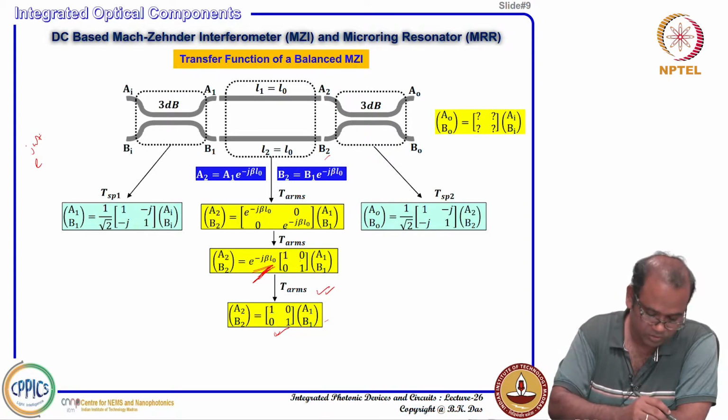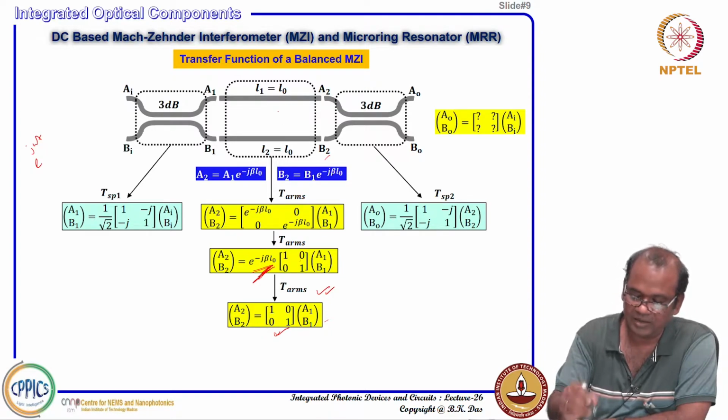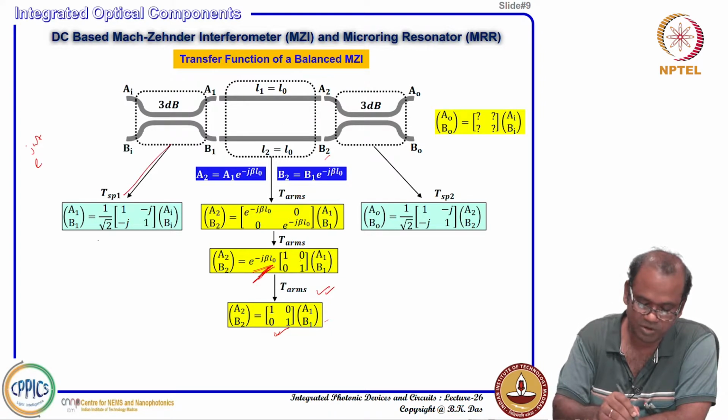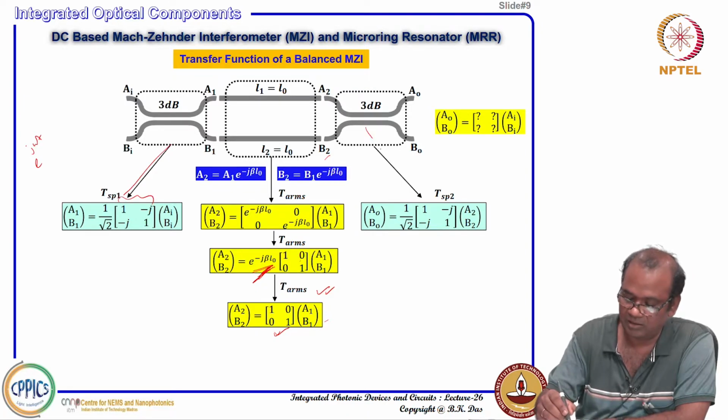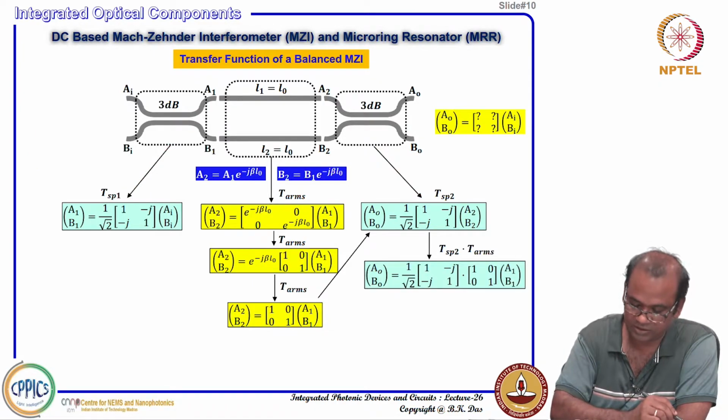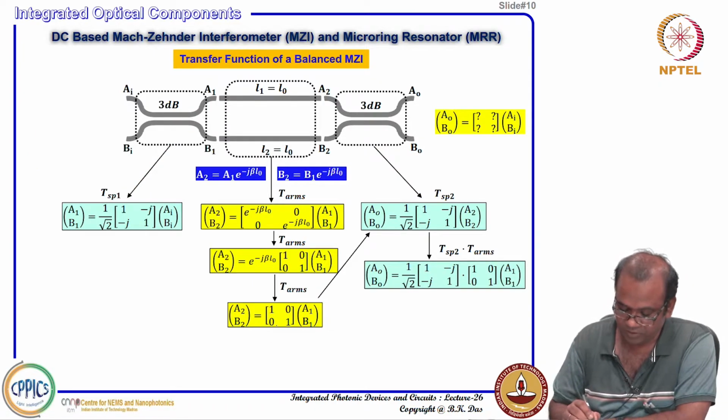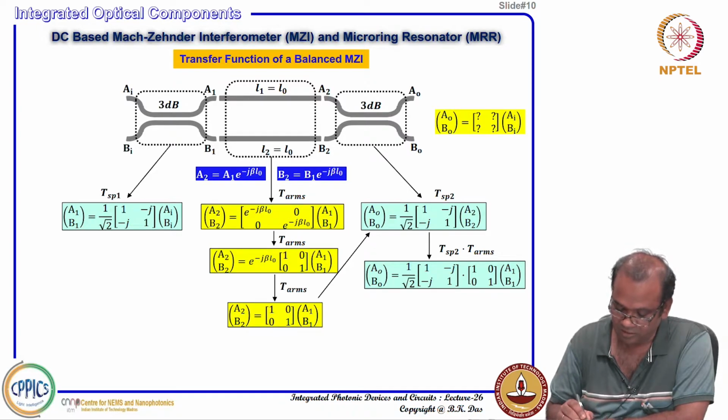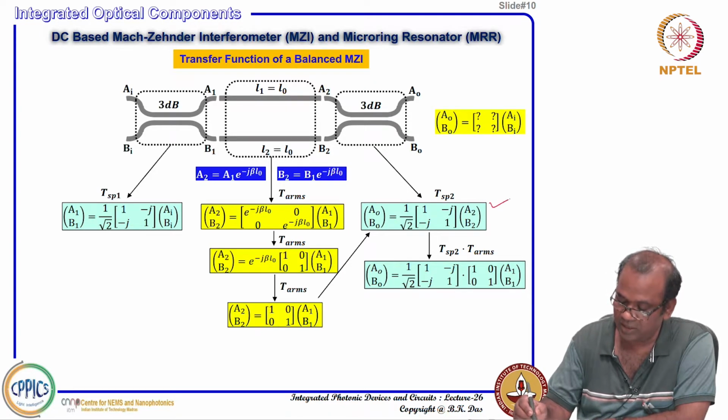Okay. So, we constructed another matrix. We knew TSP1 is this matrix, the matrix for the 3 dB power splitter. Now, the central region also has a 2 by 2 matrix. In the central region, TSP2 relates A0, B0, that means the output, in terms of A2, B2.